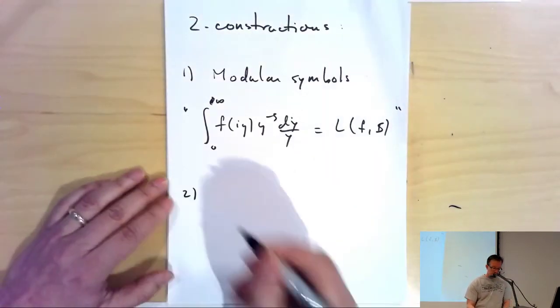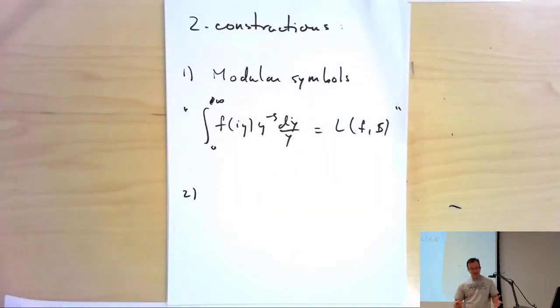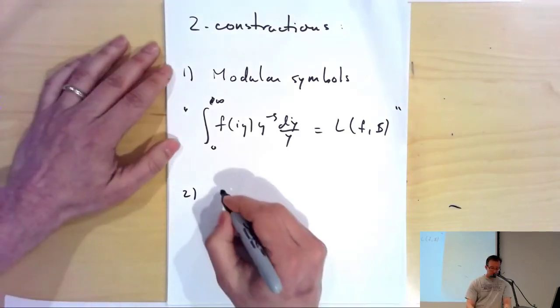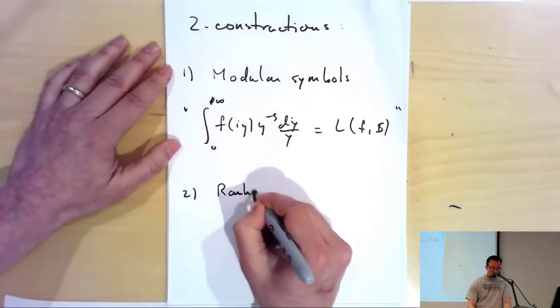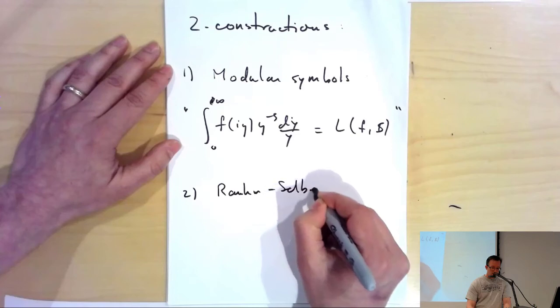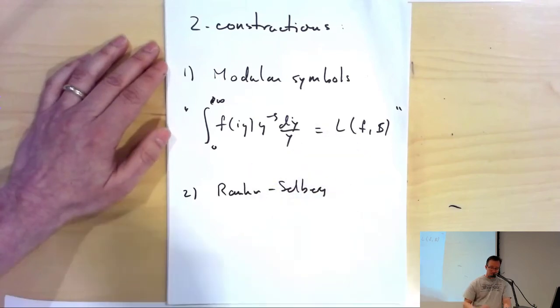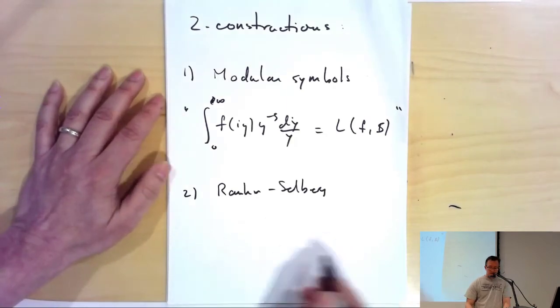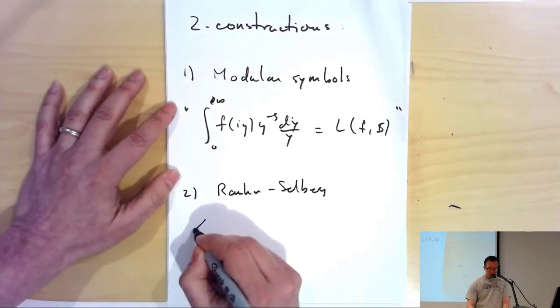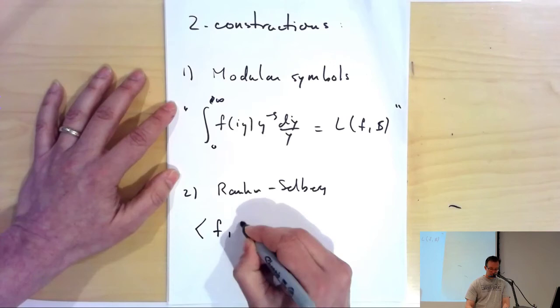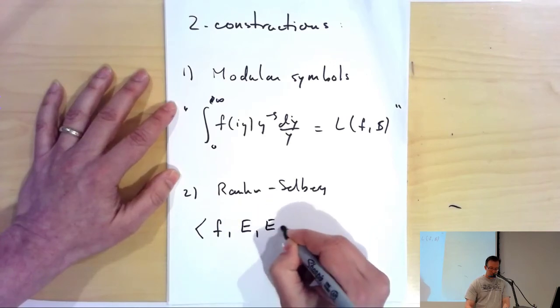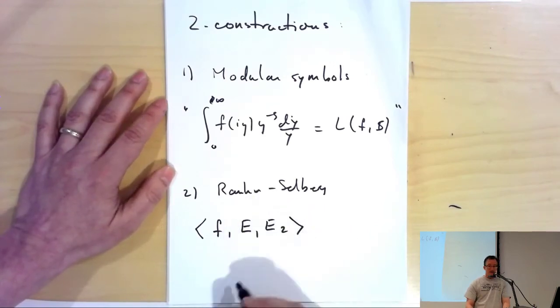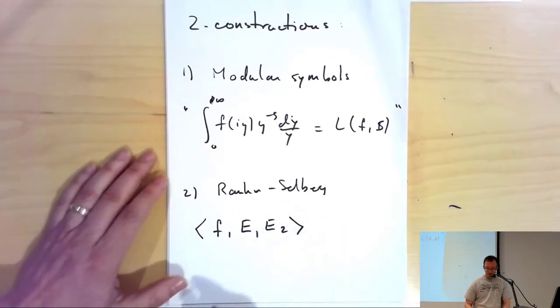There's a second and very important construction that comes from Rankin-Selberg constructions. We've heard about Rankin-Selberg objects before. In this case, you would take a Petersson inner product between f and a product of two Eisenstein series with various characters. I'm being very sketchy.